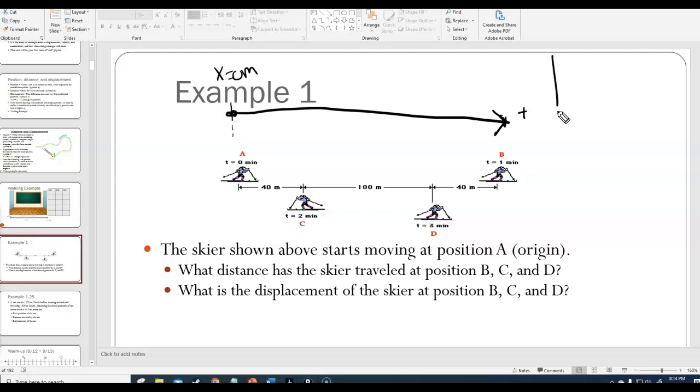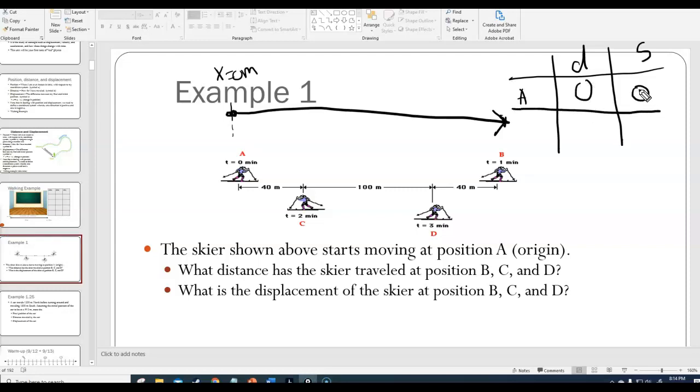Okay, so I'm going to do this with a chart, or a table. Here's distance, here's displacement. I'm going to erase this a little bit right here. At position A, of course, the distance and displacement are both 0 because the skier has not moved yet.